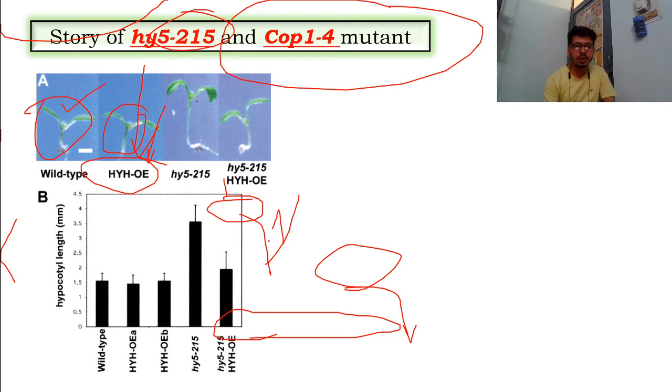This is the Hi5 mutant. The Hi5 mutant has a long, elongated hypocotyl. If you want to know, you can search it on Google. In the Hi5 mutant background they are overexpressing HYH, and what happens in Hi5 overexpression? They just restore the wild type phenotype.